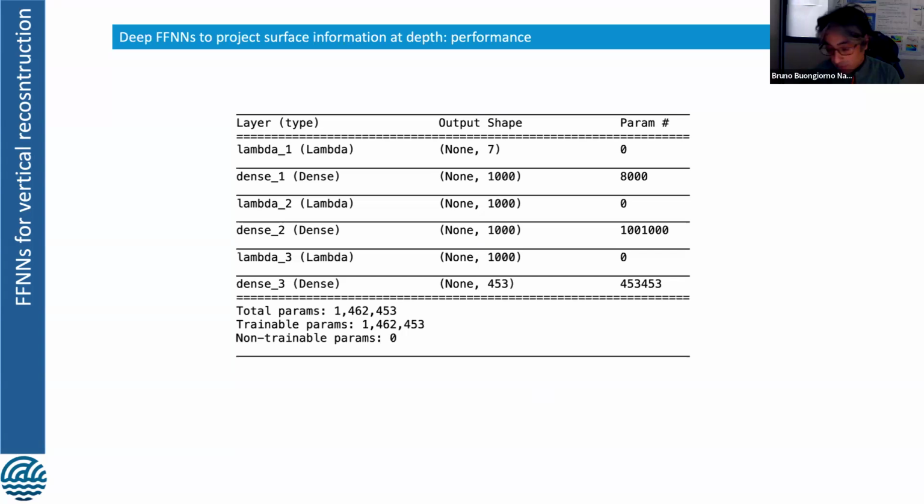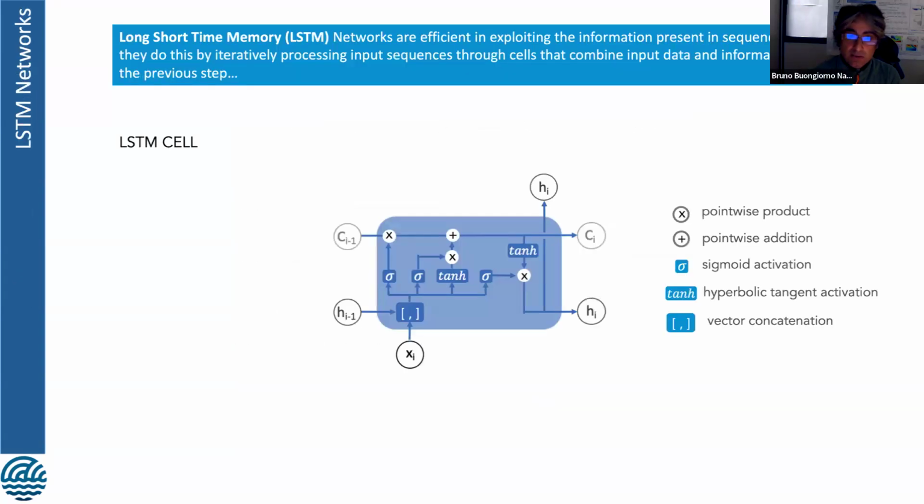So what we thought could be an interesting test was to exploit a different kind of neural network, a recurrent neural network, where we sequentially learn the weights in our hidden layer by transmitting the information from one depth to the other.